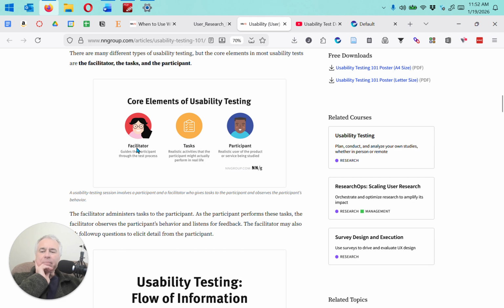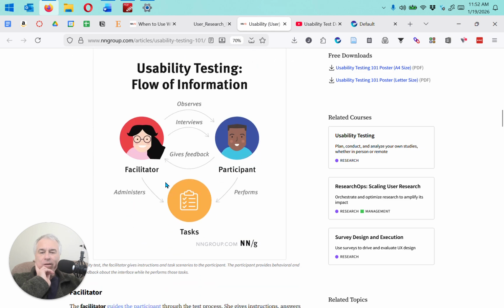But given the goals of UX are different than the kind of psych research you'd publish in a journal, you're having the facilitator interact with the participant in a way to pull more information out of them. We'll watch this as you go through the video. There's also a danger of leading the witness, so to speak, suggesting information the user might not otherwise have. So there's some skill it takes to do this and some practice that's required.